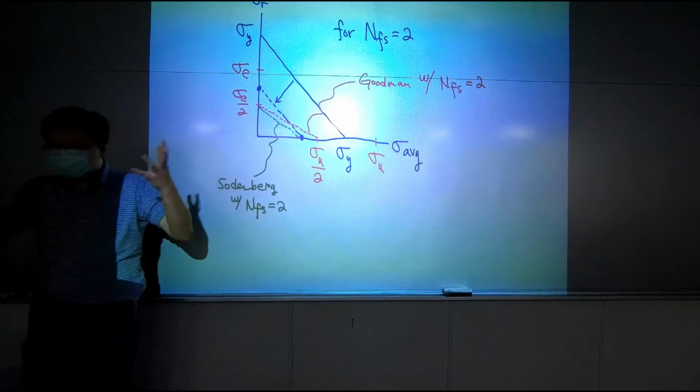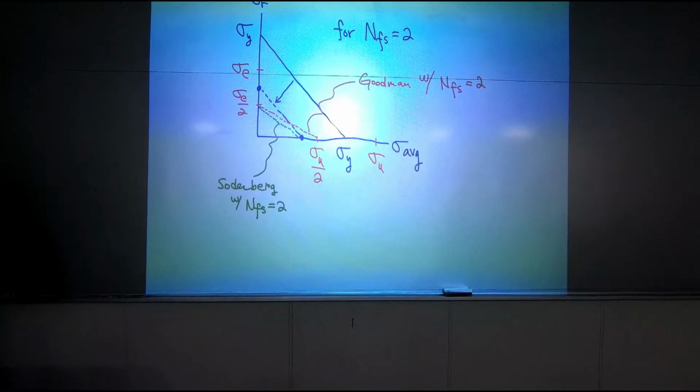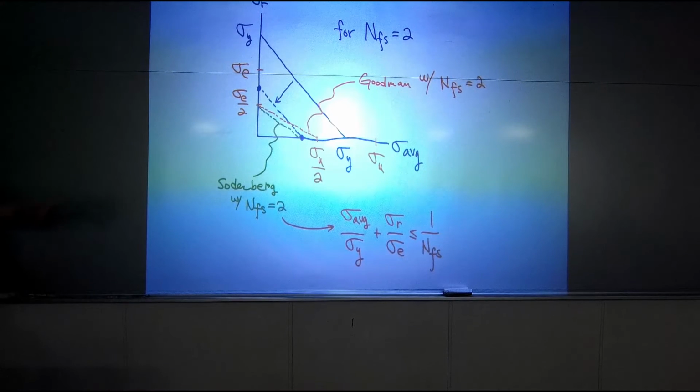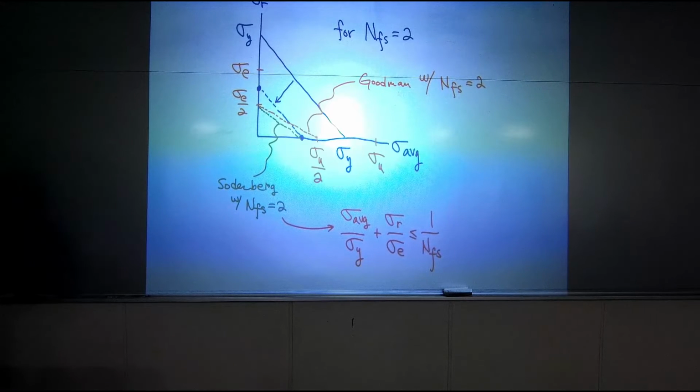So let's take a look at one of the design equations. For example, this one: sigma average over Y plus sigma range over E is smaller than the safety factor. The equation looks like this, right? Let's try to play with the equation and see what's happening.